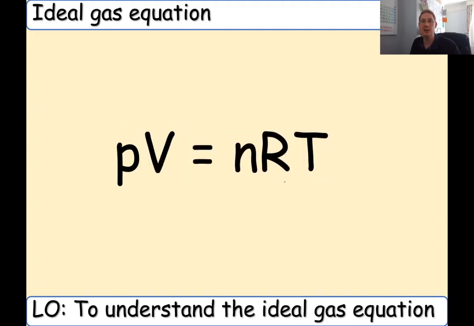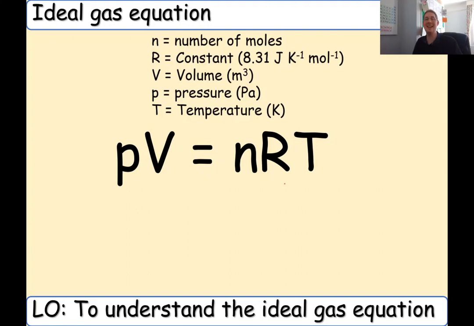The pressure of the gas times the volume of the gas is the number of moles of the gas, assuming it's an ideal gas, times R, the ideal gas constant, times T, the temperature. But the key thing here, it's really straightforward as long as you remember the units of these things. Remember that the volume must be in meters cubed, and many people, despite me saying that so many times in the year, were still insisting on putting the volume in decimeters cubed.